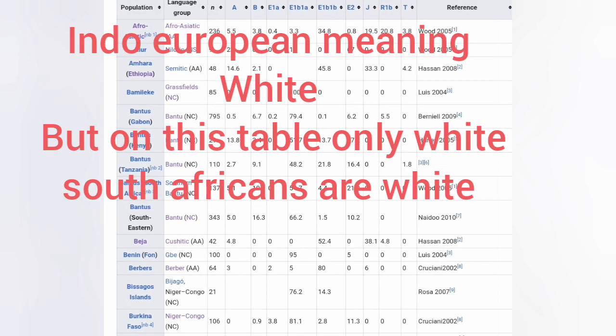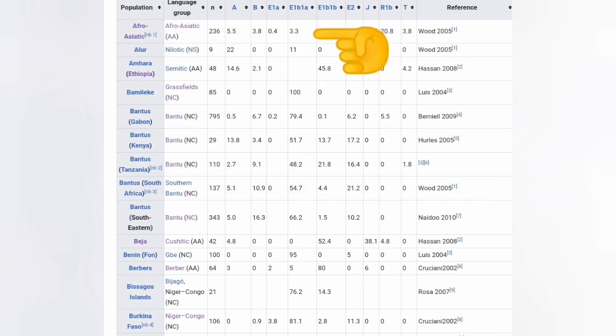So the Afroasiatics, it's 3.3, 11 in Nilotic, Semitic, it's 0.